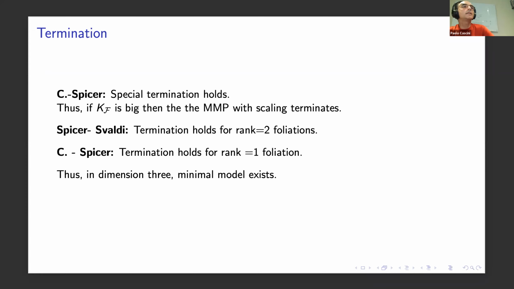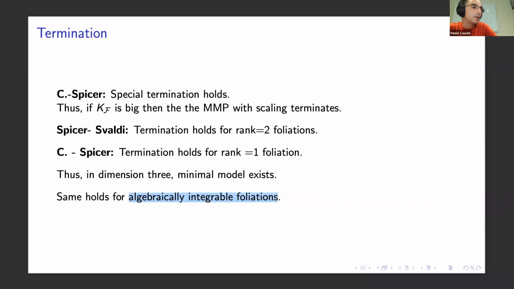Okay, so this is what has been happening over the last few years. Much more recently, we proved it also for algebraically integrable foliations, so foliations in any dimension defined by a morphism. This is not hard, because we used the existence of flips after BCHM.